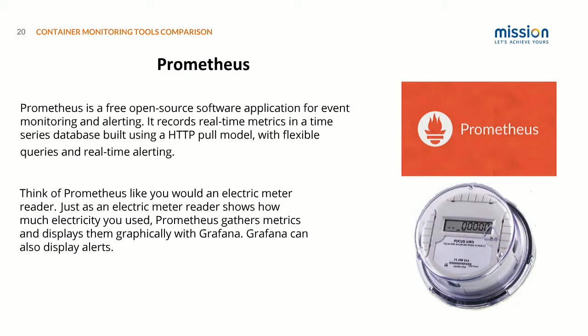Yeah, thanks, Jake. So Prometheus is the open source community software solution for monitoring and alerting. It's pretty much become the standard for Kubernetes in terms of open source, and it is basically a time series database that records real-time metrics.